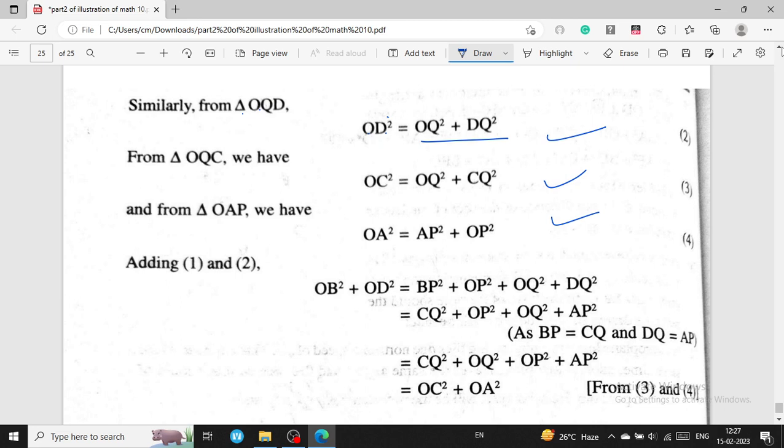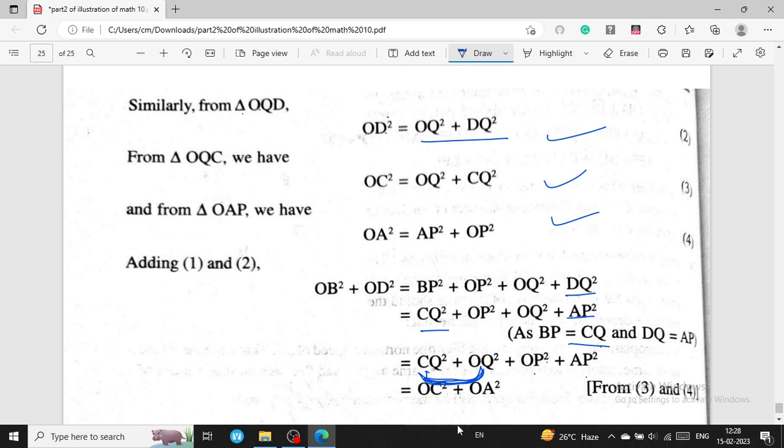When we add all these, we can write CQ instead of BP, because BP is equal to CQ, and DQ is equal to AP. So we put CQ in place of BP and AP square in place of DQ square: CQ square plus OQ square plus OP square plus AP square. From this we can combine it.